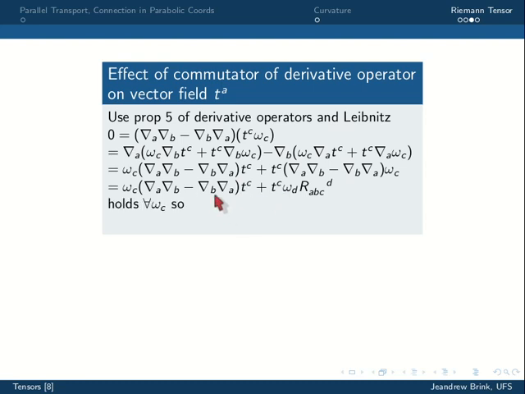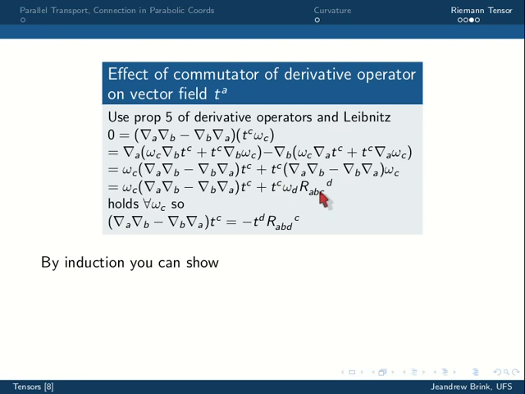And since it must hold for all omega c, we can change this thing into omega c simply by relabeling those indexes, or switching c and d, because it's just a dummy index that we sum over. And we can get that the difference in derivative operators applied to your vector field over here is simply minus t^d, or sorry, t, the dth component of t contracted with your Riemann tensor's third index.